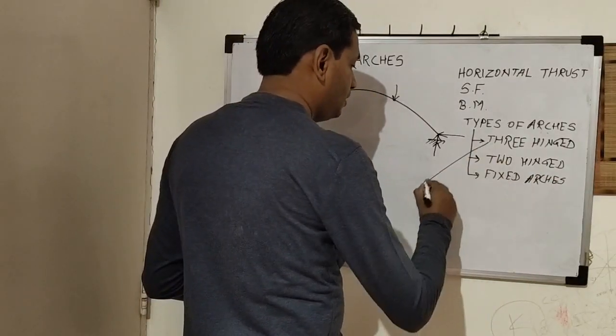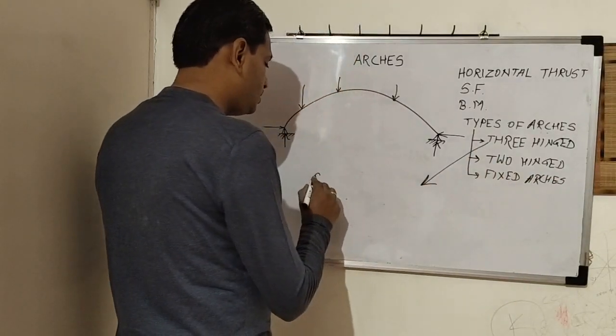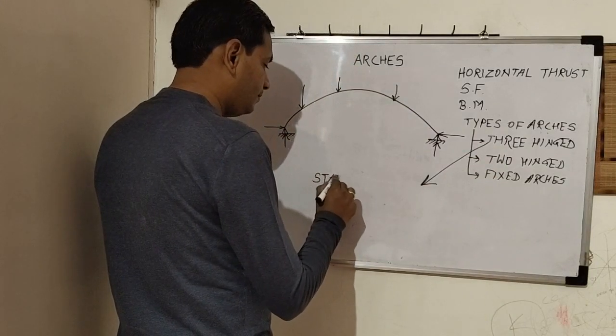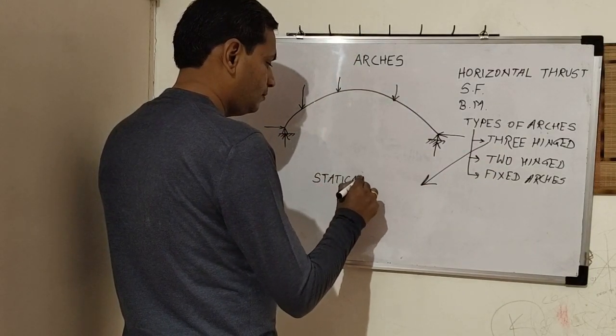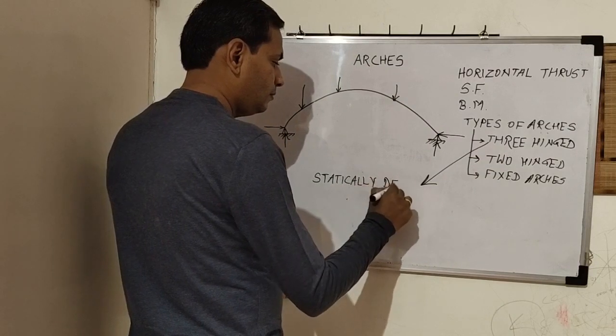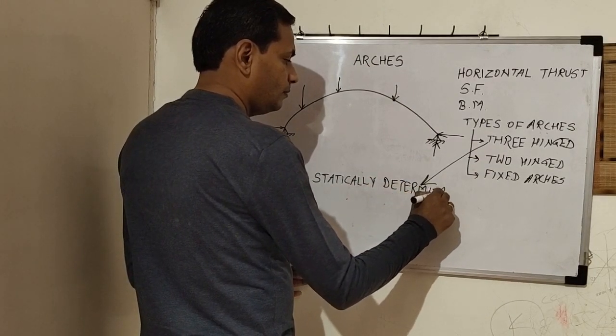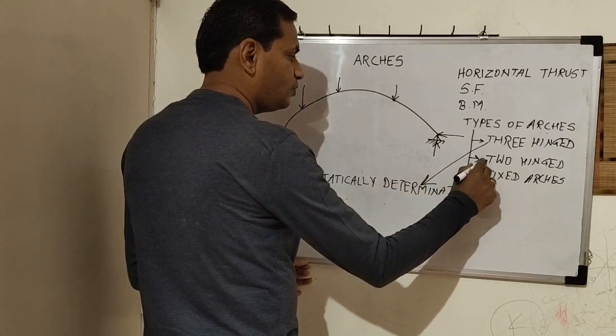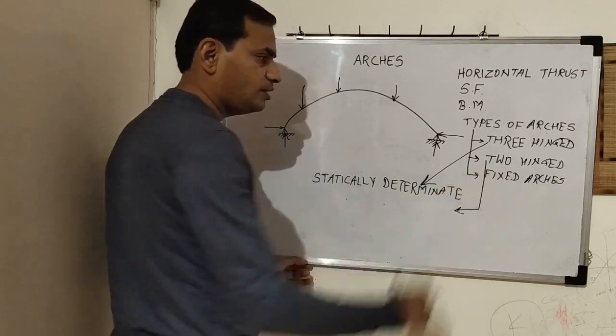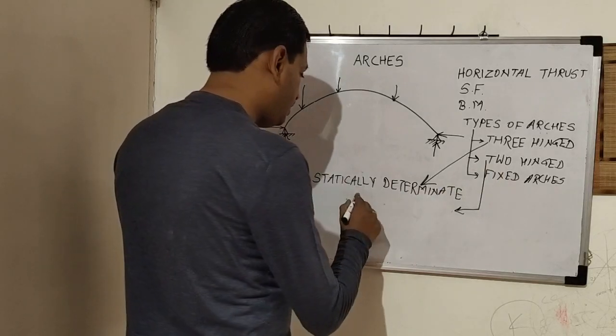Out of this, 3 hinged arch is statically determinate. And as far as 2 hinged and fixed arches are concerned, they are statically indeterminate.